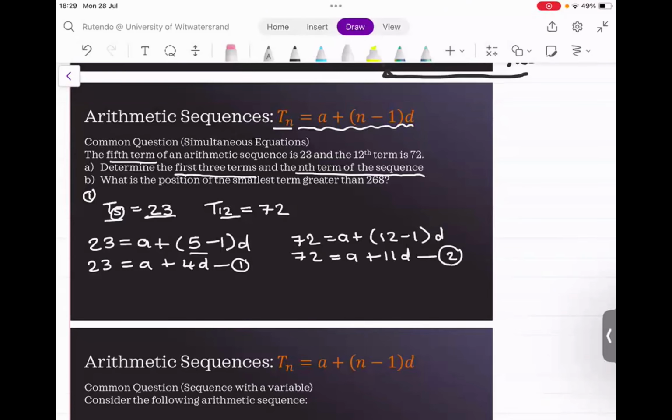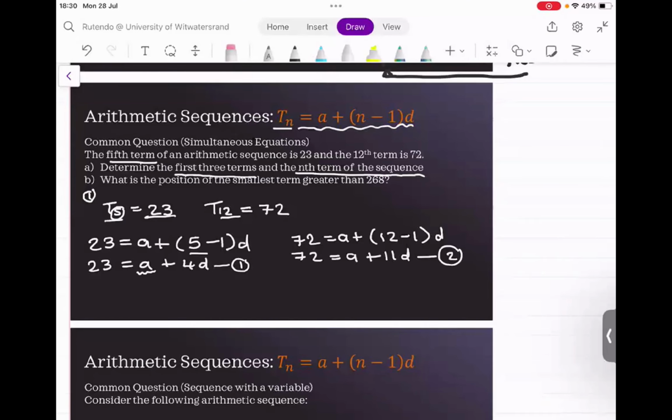Okay, so let's do equation 1. Perfect. So I'm going to isolate this A in equation 1 so that we can substitute it into the other equation.